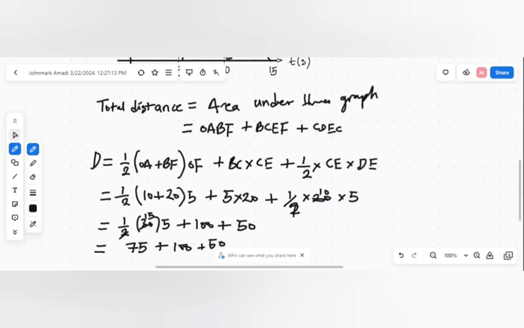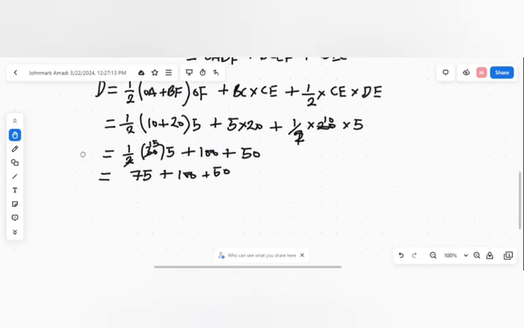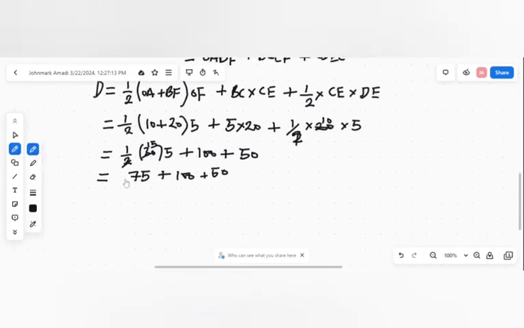Are we there? Yes, we are. 50 plus 100 is 150, plus 75, that will be 225 meters. So the total distance covered by that body is 225 meters. So this is how to do this.